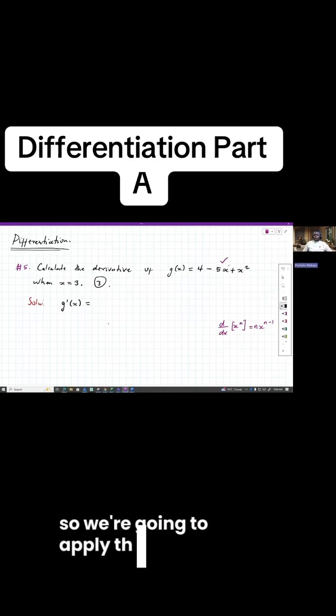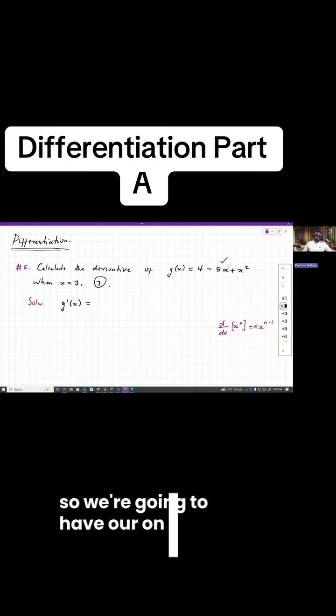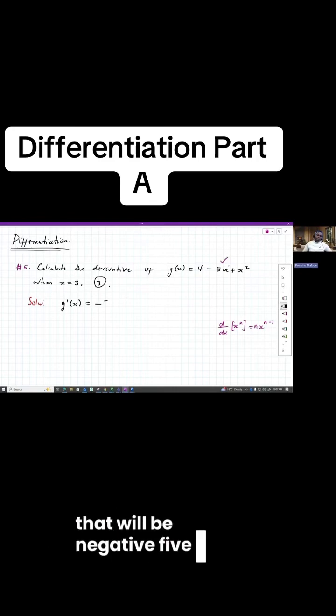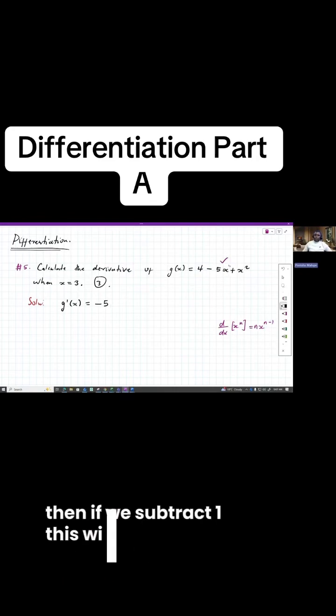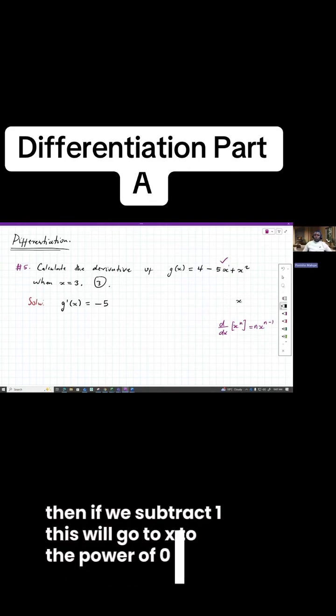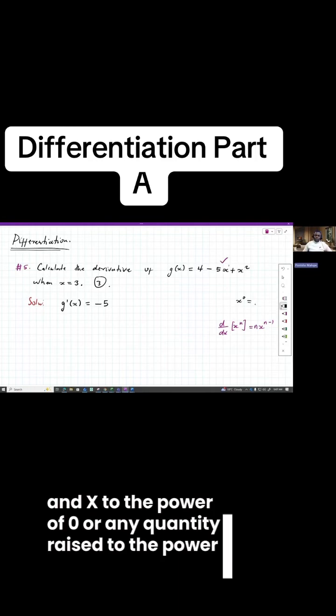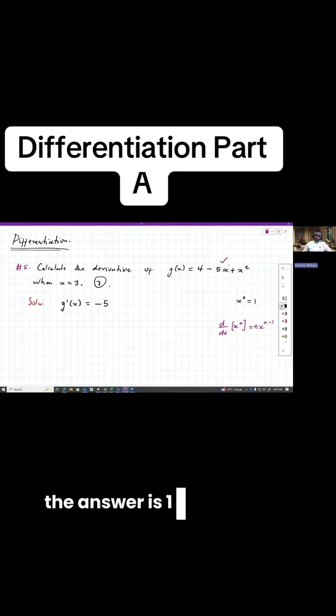So we're going to apply that here. We're going to have our 1 multiplied by -5. That will be -5. Then if we subtract 1, this will go to x to the power of 0, and any quantity raised to the power of 0 is 1. So we don't really need to include that part here.